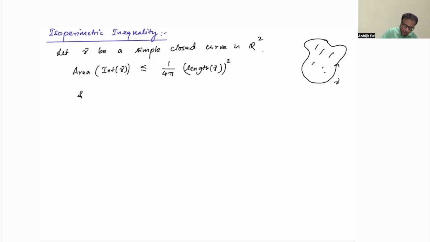And this equality holds if and only if this gamma is a circle.